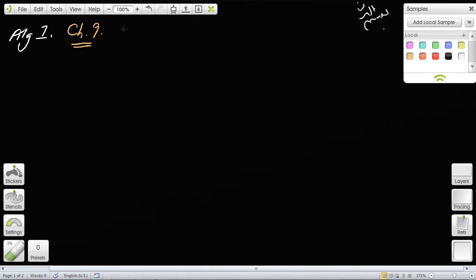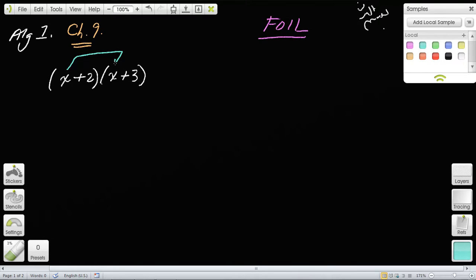Previously, we talked about multiplying binomials, such as these, and we learned about this process called FOIL, which stands for first, outer, inner, last, which helps us multiply these binomials.